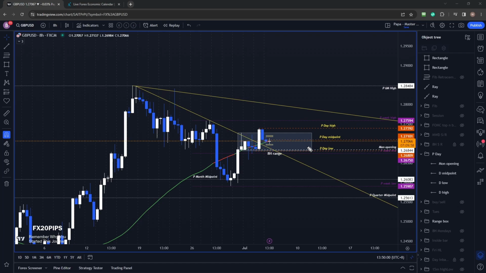Okay, this is a minor trend line, just 8 hours. So based on my theory, if you breach this trend line, very high chance it will come here.